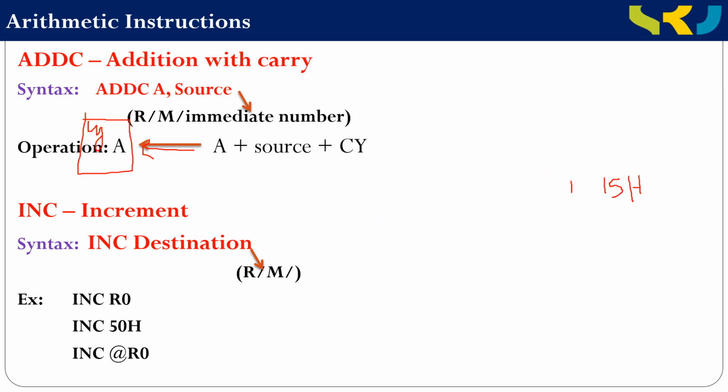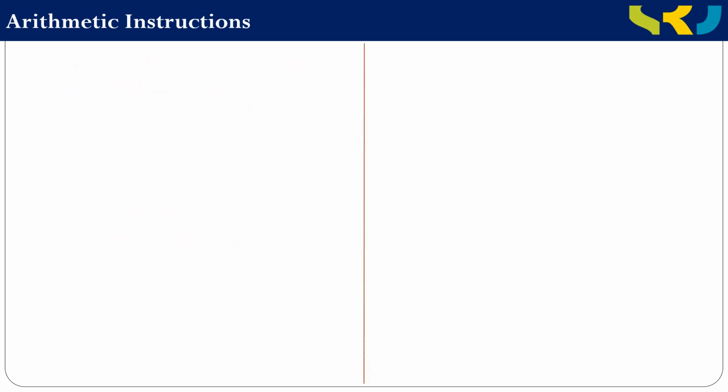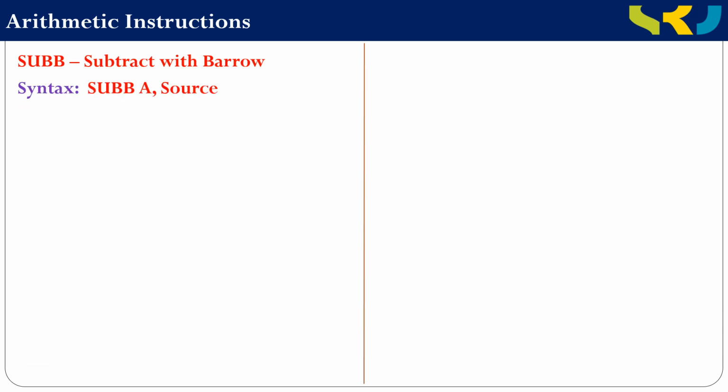Then we need to go for the next instruction, that is subtraction with borrow. Let us see subtraction with borrow. Now you can see SUBB. Here we are using only one instruction for subtraction, that is subtract with borrow. The syntax for this instruction is SUBB A comma source.